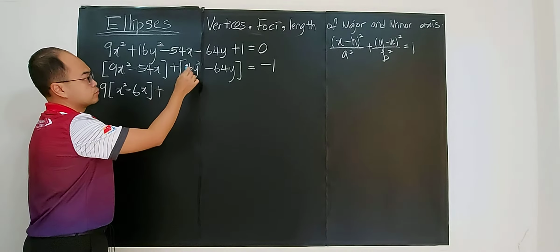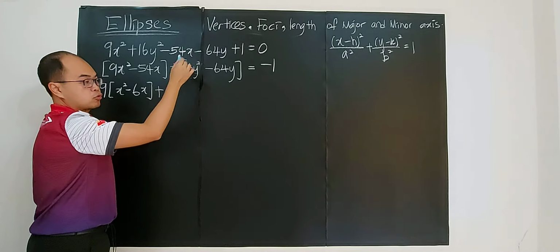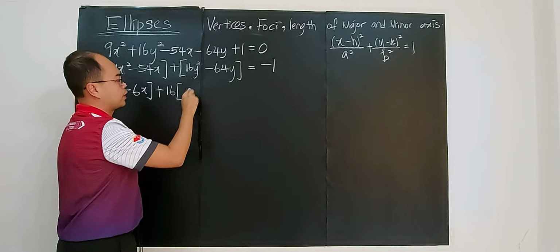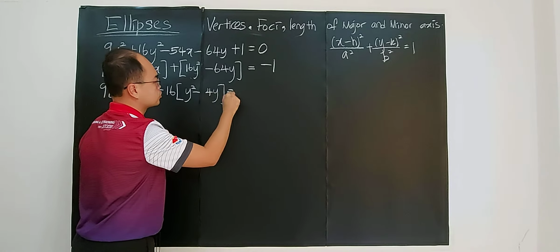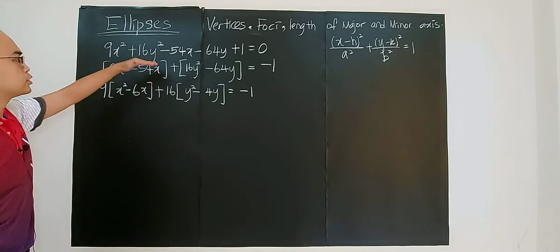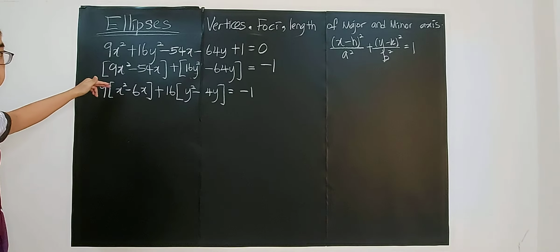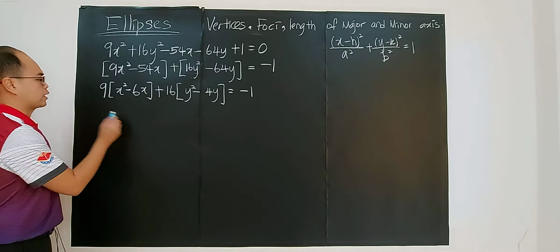And for this one, you must also have 1 for y square before you complete the square. So you have to factorize the 16. So you have y square minus 4y equals negative 1. This is the third thing that you must do. First, you rearrange this and make sure the coefficient for x square is 1 by factorizing. Later, you start completing the square, alright?